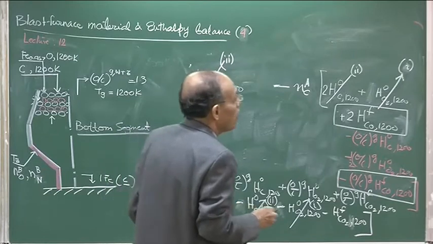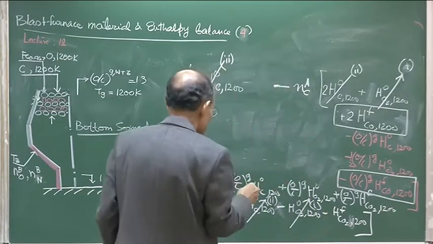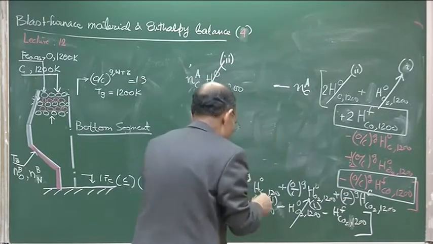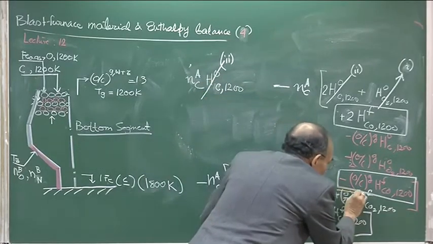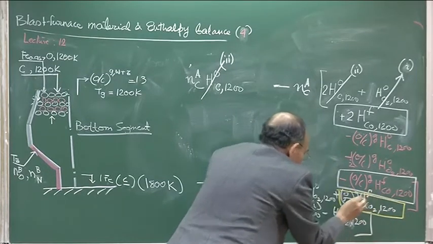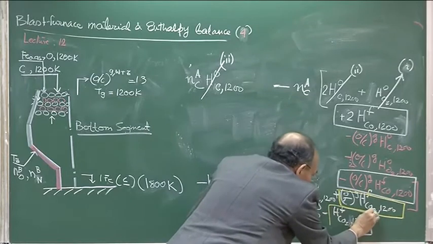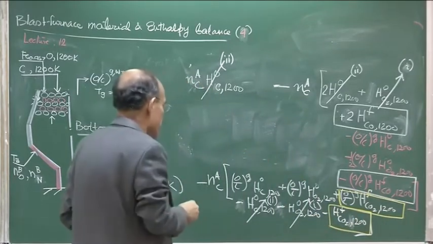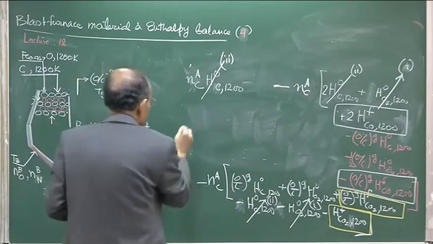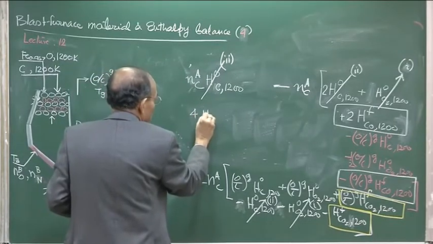And then we have 2, and then the heat of formation term is here. I will do it with yellow. This is a heat of formation term, and then finally we have the heat of formation term of carbon dioxide. So, 4 heat of formation terms are there.